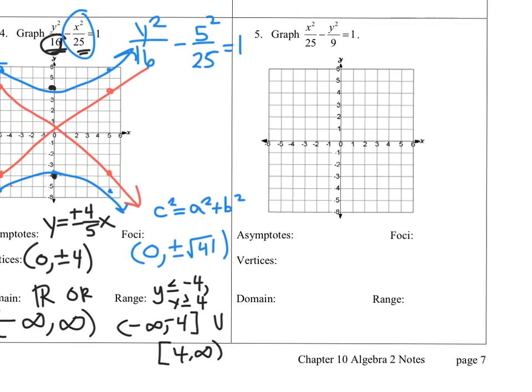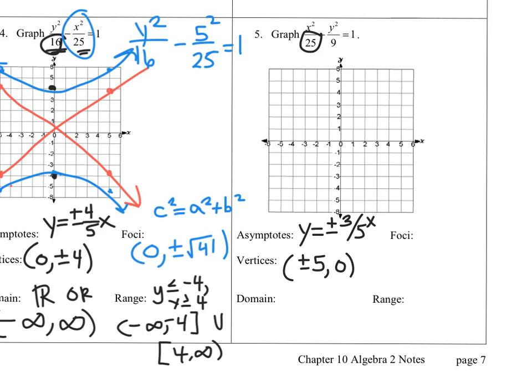Okay, number 5. So in this case, the hyperbola is going left to right, because it's x squared minus y squared. So I'm going to find the vertices again, which are going to be underneath the leading term. So the vertices are going to be on the x-axis, so it's going to be plus or minus 5, 0. The asymptotes are going to be y equals the y divided by x, so it's going to be plus or minus the square root of 9, which is 3, divided by the square root of 25, which is 5x.